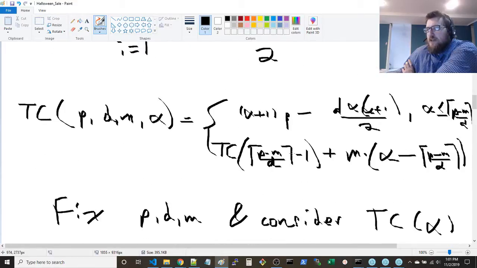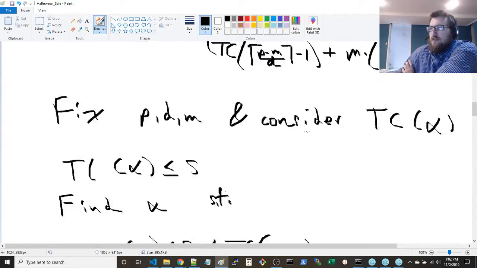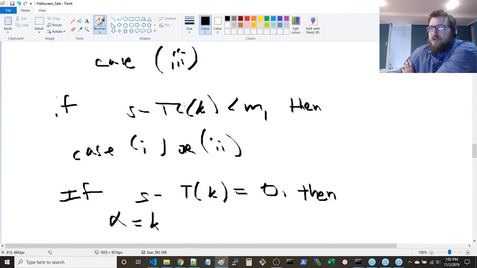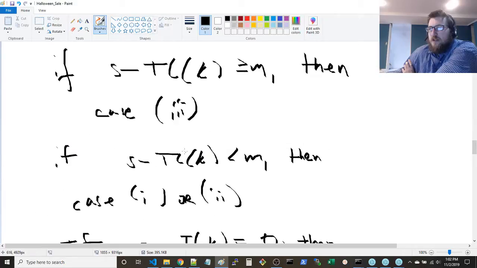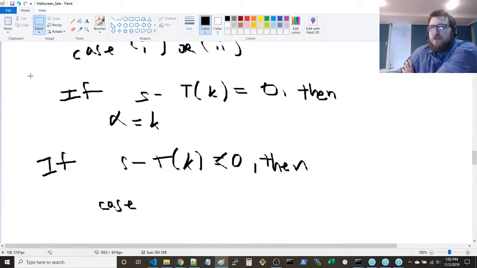Then I think we're looking at case 2. Really, this is case 1 or 2, and either way, this is case 1 or 2.